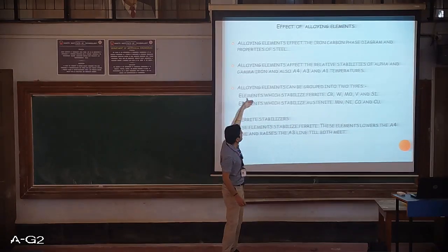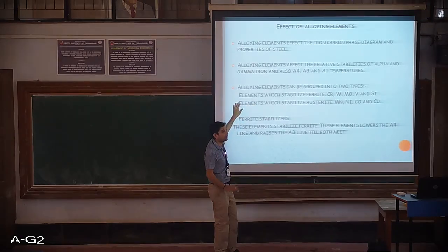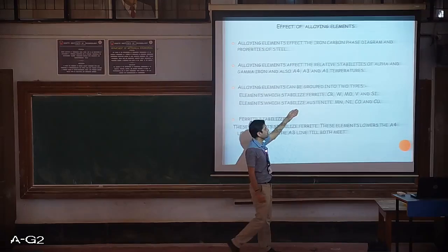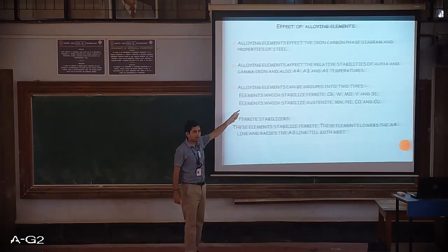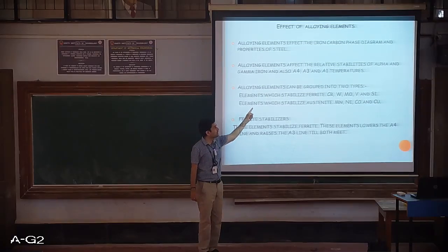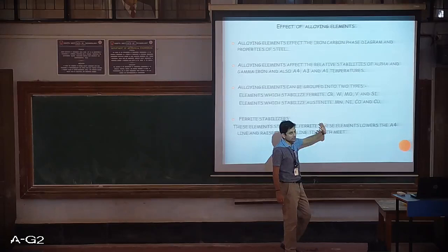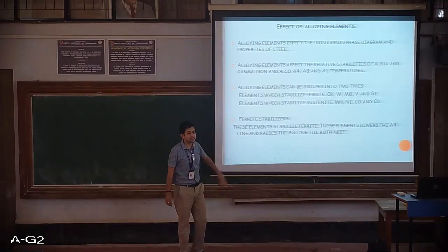These elements stabilize the ferrite phase in the iron carbon diagram or in the steel. Some elements are austenite stabilizers, for example manganese, nickel, cobalt, and copper. So these are the elements. I think we had asked a question in the IA also, whether tungsten is an austenite stabilizer or a ferrite stabilizer. The answer was here.